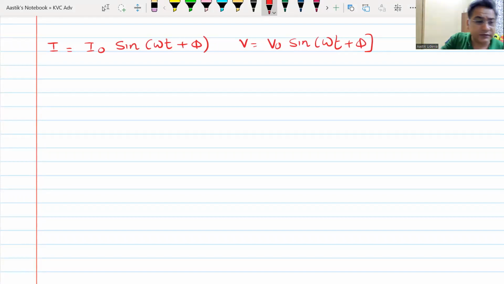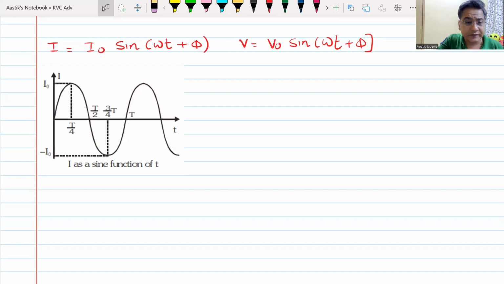Now, what is the meaning of the various terms that we are going to see? If I draw this graph, the sine graph, it would look like this because this is a sine wave.